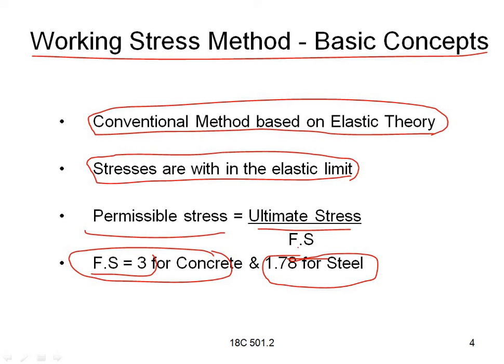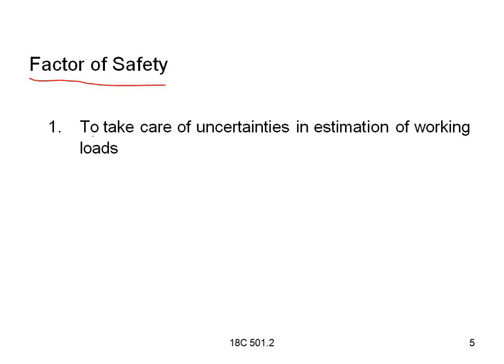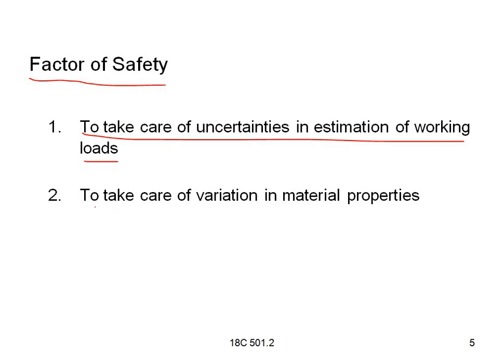So remember this: the factor of safety in the design conditions is 3 for concrete and 1.78 for steel. So what is the factor of safety? The factor of safety is to take care of uncertainties in the estimation of working loads, and to take care of variation in material properties.